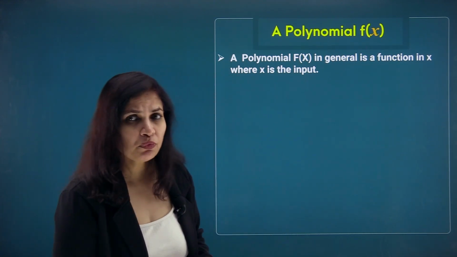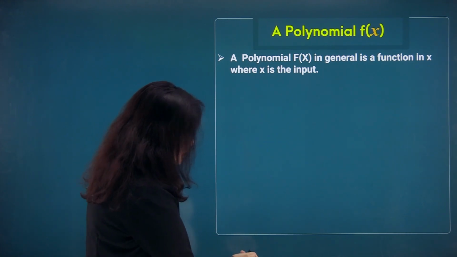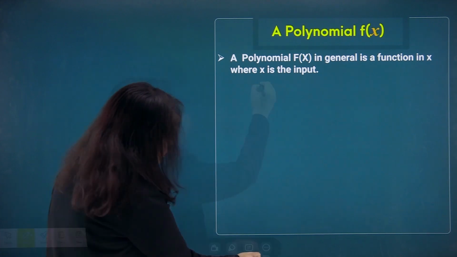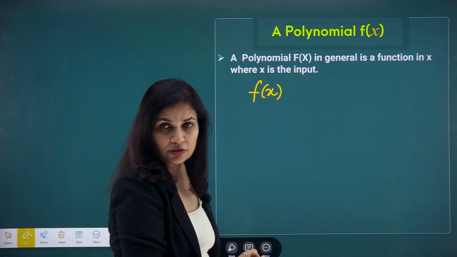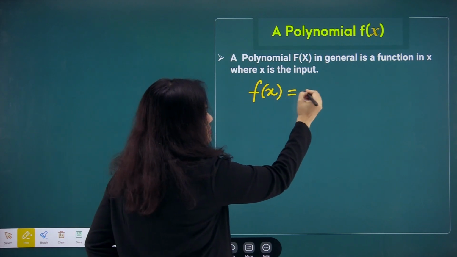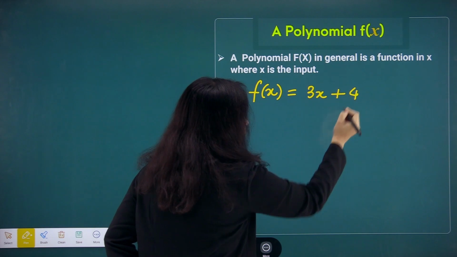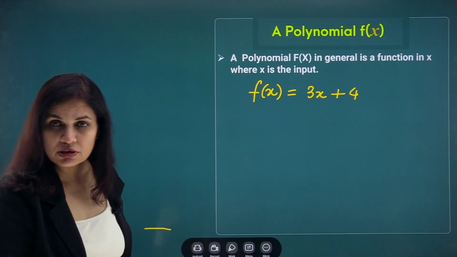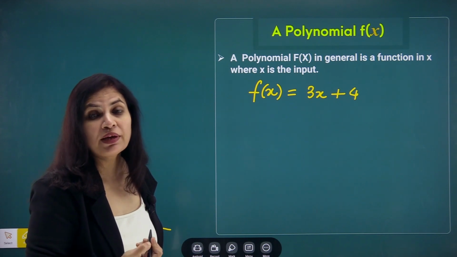Let me explain what is the meaning of a function. When I am saying that x is an input in an expression, suppose the function in x, which is an expression, is defined as 3x plus 4. Now, 3x plus 4 is an expression, but how did we get that expression? How is x behaving?